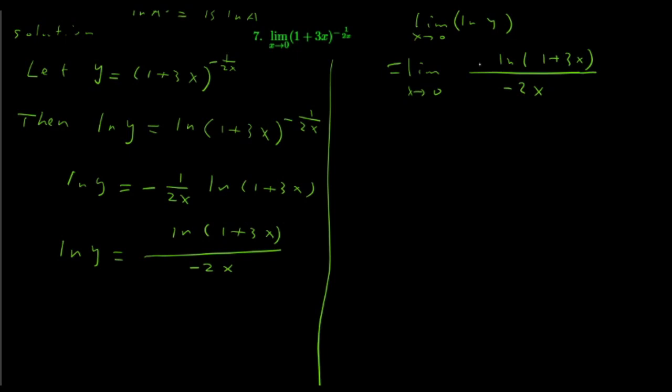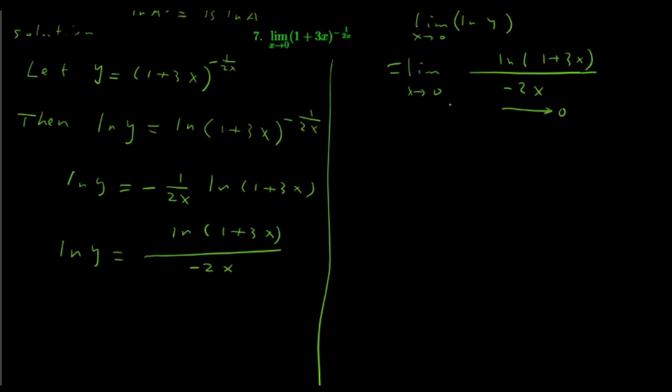How about the limit of the numerator? Look at only the numerator. It is defined at 0, right? The numerator is an elementary function, so it is defined at 0.